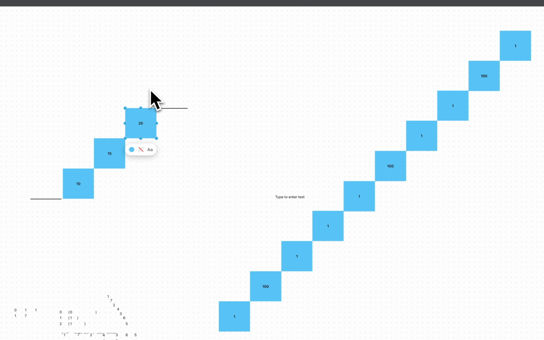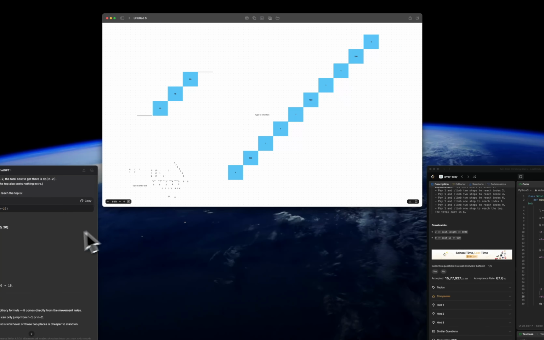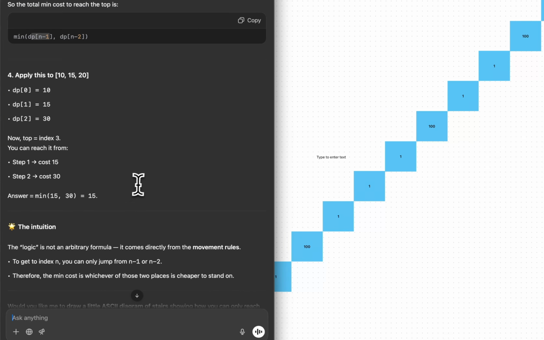If the answer is 3, then 3 or 2. Oh man, what's this? The logic is not an arbitrary formula.